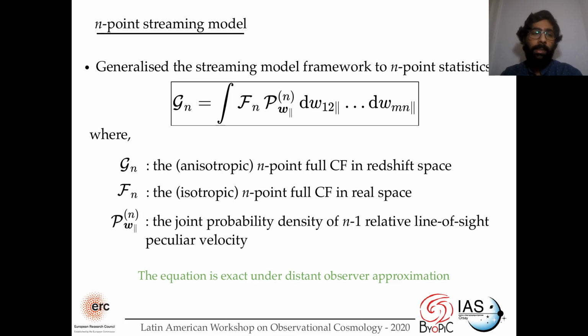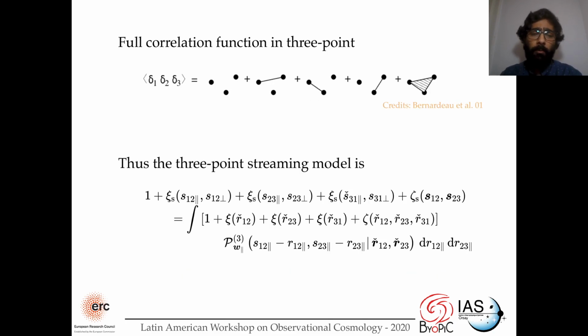What we get is very similar to the two-point case: the anisotropic n-point full correlation function in redshift space can be obtained as an integral of the isotropic n-point full function in real space times a joint probability density of n-1 relative line of sight velocities.